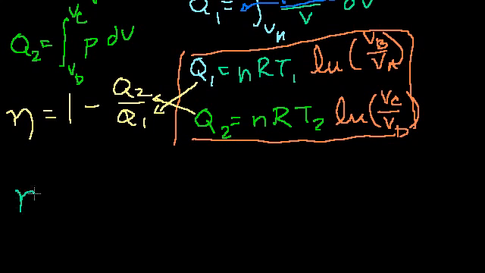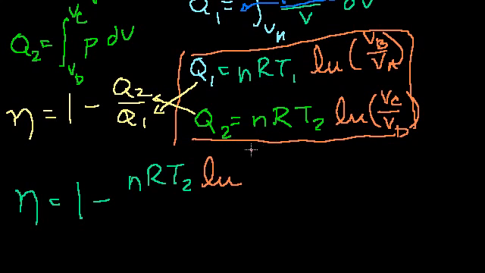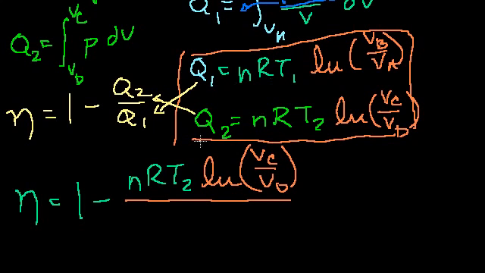You get the efficiency of your engine is equal to 1 minus Q2, which is this expression over here, nRT2 times the natural log of VC over VD. All of that divided by Q1, which is this one over here, nRT1 times the natural log of VB over VA.